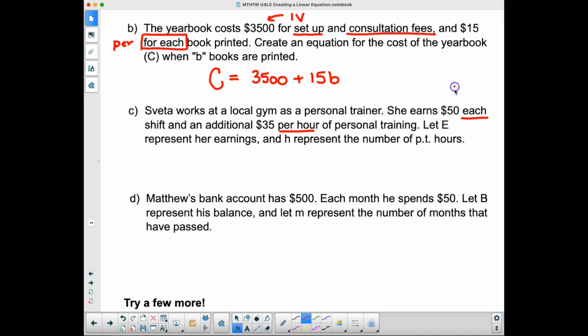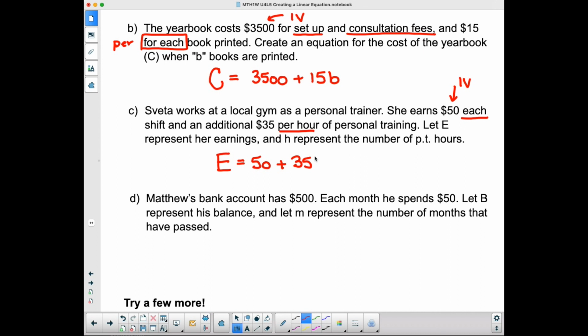This is our initial value. That's what she earns for the shift, and then she earns $35 if she has personal training for people. So this says her earnings for her shift start at $50, and then if she trains somebody, $35 for each hour. What did they ask us to do?